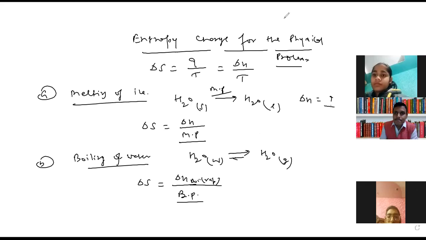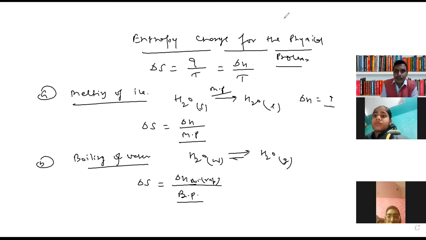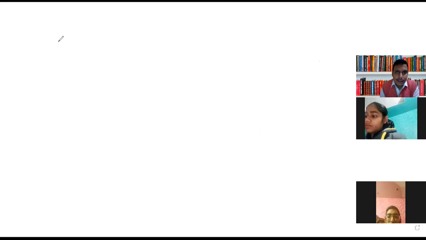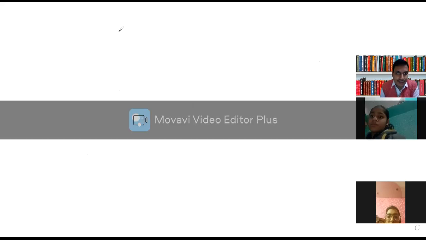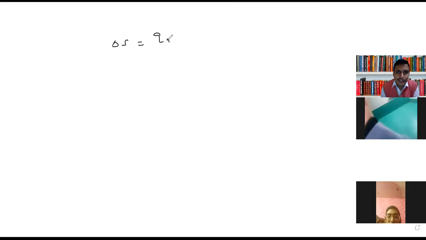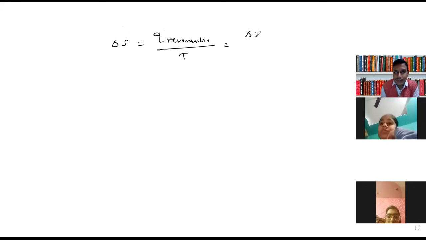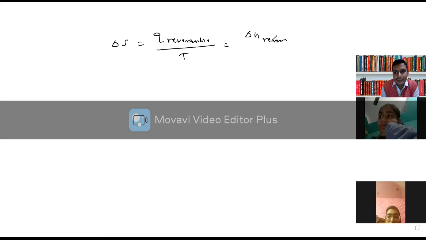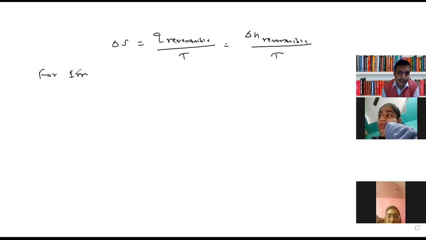Now, proceeding further, this formula that you have understood is for the reversible process, that is entropy change is equal to Q reversible upon T. That means enthalpy change also for the reversible process upon T. But if the process is irreversible, then what we can do?